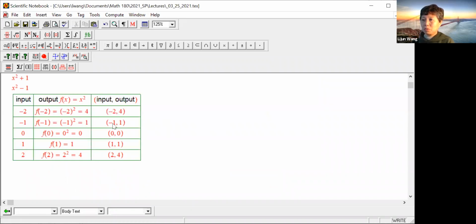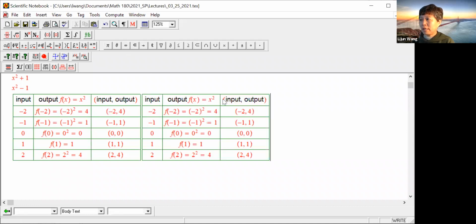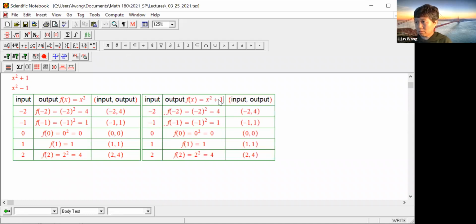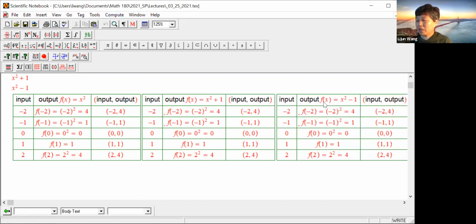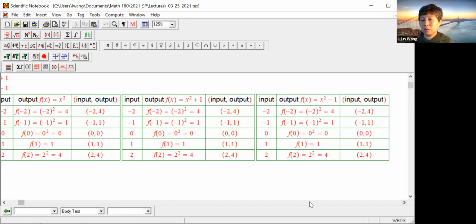So we're going to have a table doing x squared plus 1, and a table doing x squared minus 1. So the rule has changed, and it has a consequence in the output, right? So I want you guys, for the same input, to give me the output.